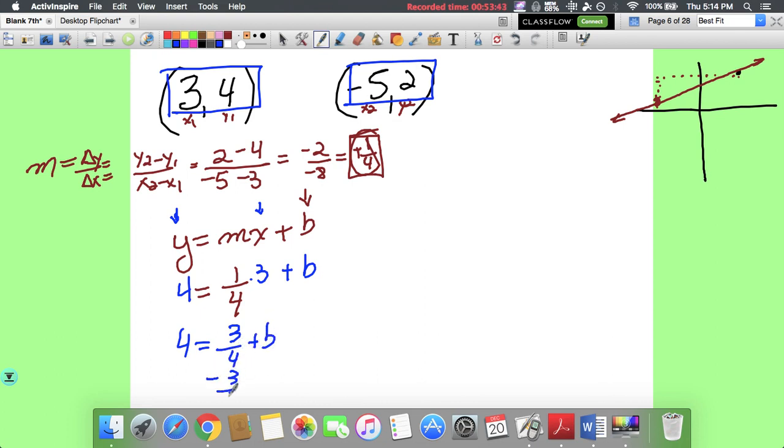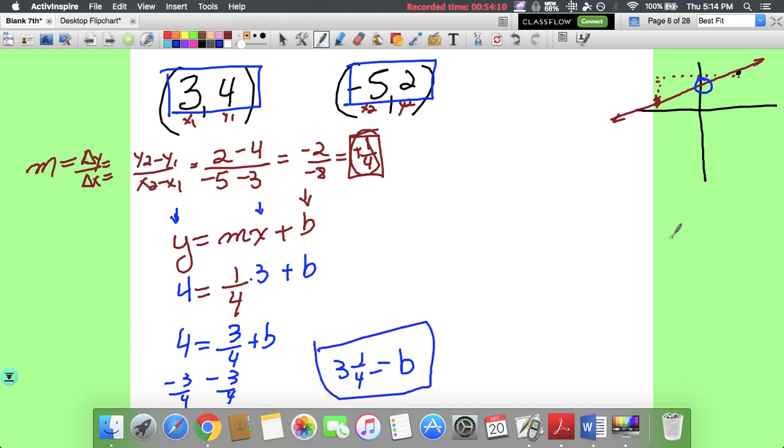One-step equation: subtract 3/4 from this side, subtract 3/4 from that side, and I'm going to get that b equals 3 and 1/4. So think about 3/4 being 0.75, and 4 minus 0.75 is just 3.25, or 3 and 1/4. So I know that this point right here, where it's crossing the y-axis, is 3 and 1/4.